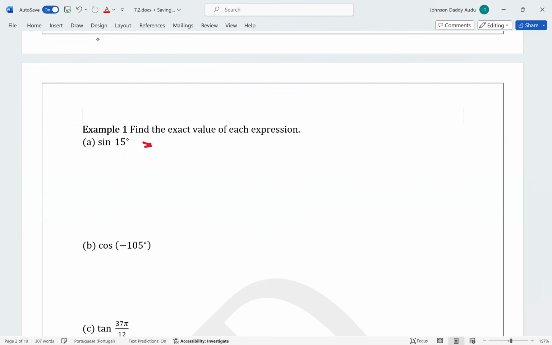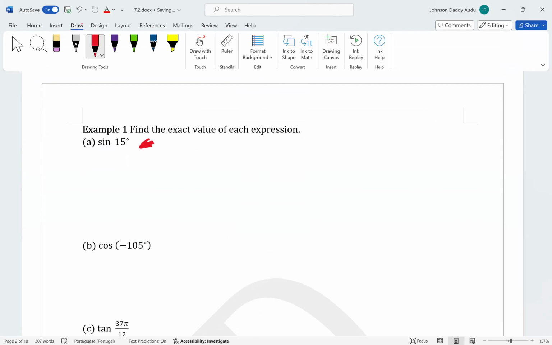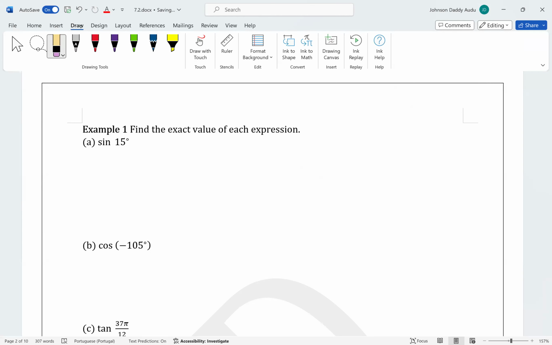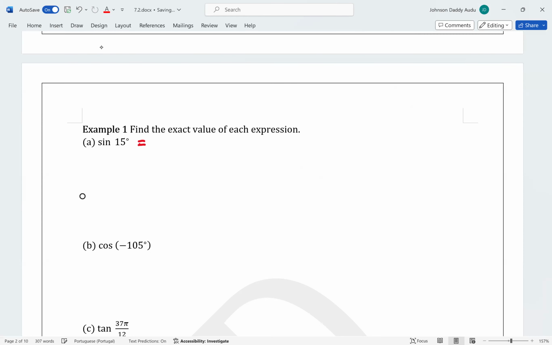We can use 45 and 30, which means we use the difference formula, because 45 and 30 will give us 15, which is what we want. Or we can also use 60 and 45. But let's just use 45 and 30.